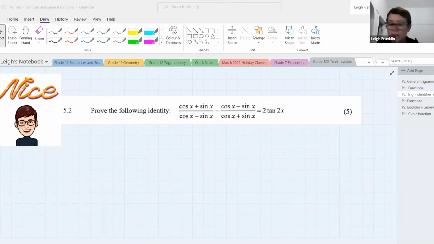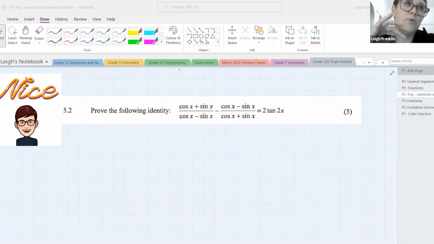Okay, so the first thing that we want to do when we are solving an identity is, oh, no, hang on a second, let me just reverse a little bit. When you are proving an identity, you are not solving an equation, okay? So you cannot move terms from one side to the other. You can't cross multiply. Those are things that you're allowed to do when you're solving an equation.